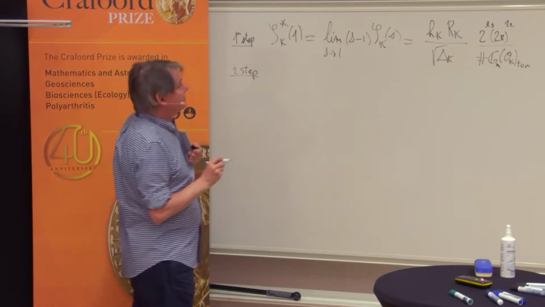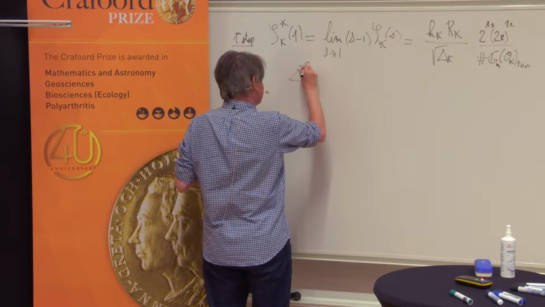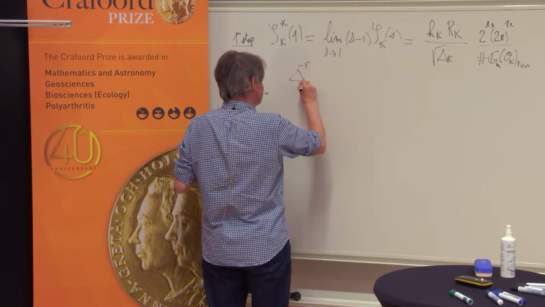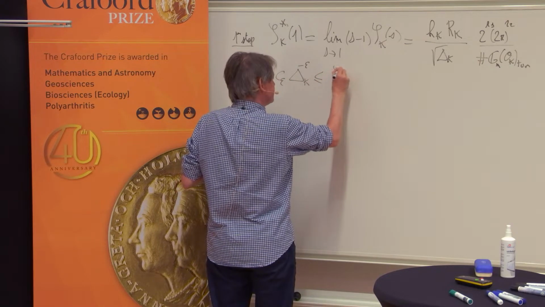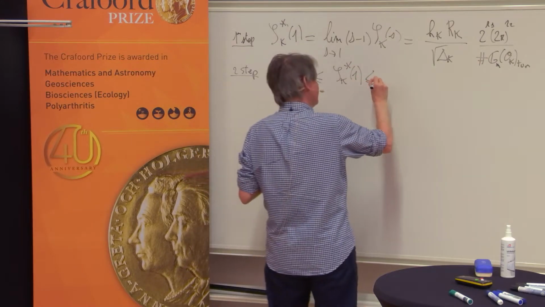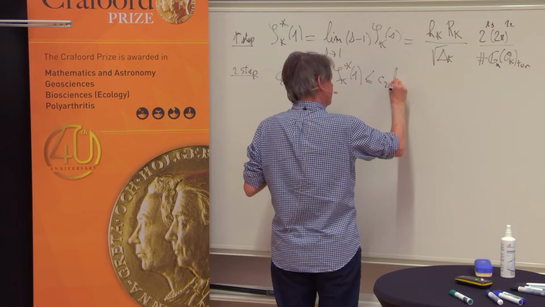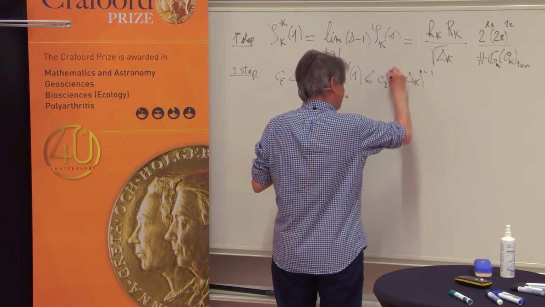So in that case, the proof is that you have a lower bound like this, delta to the minus epsilon times C_epsilon, and an upper bound like this.